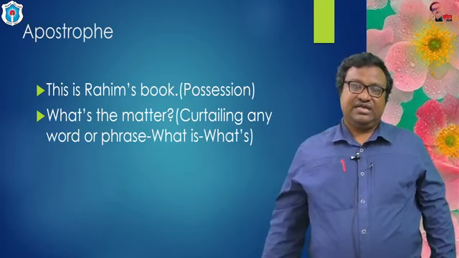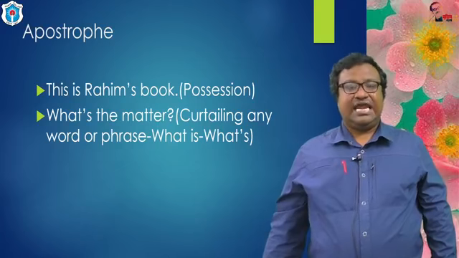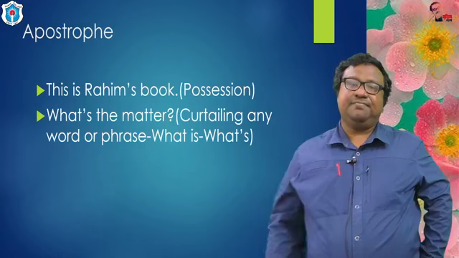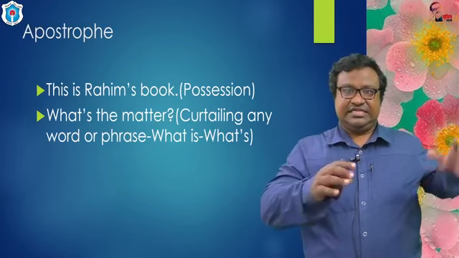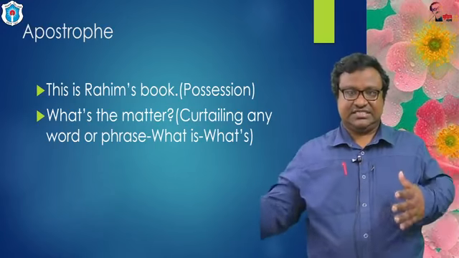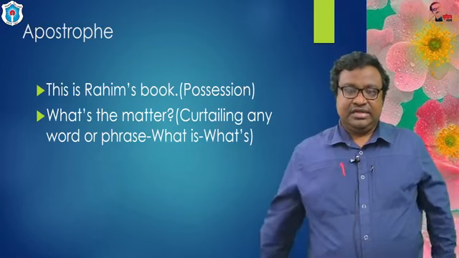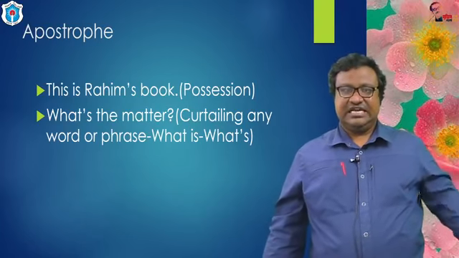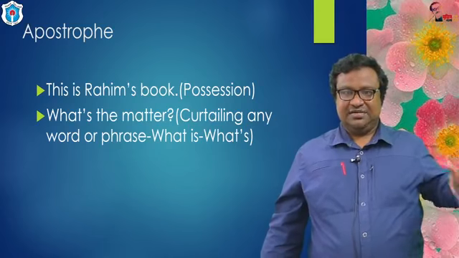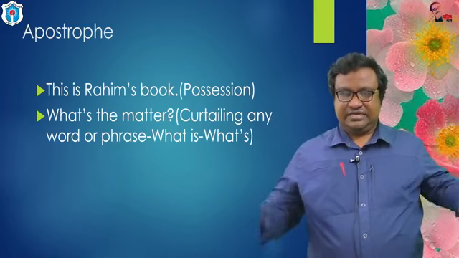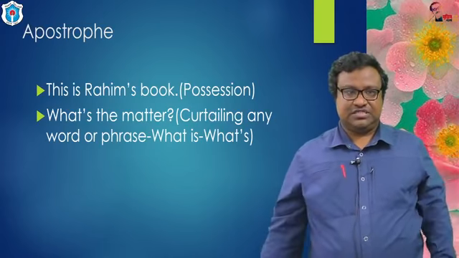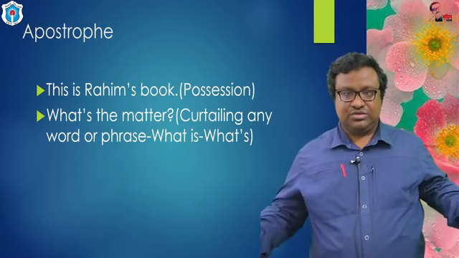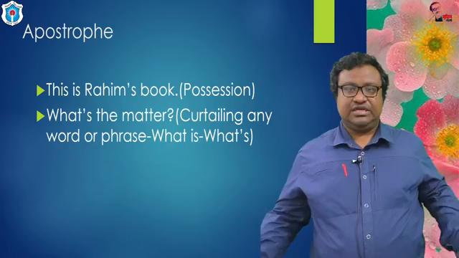So if the subject is a noun, shall not Rahim do it, that is, the structure will be shall, that is the auxiliary verb, plus not plus subject. But if the subject is a pronoun, then shall I not do this, that is, the structure will be shall plus subject plus not. But fortunately, you have got rid of this problem and you are using the short form. So shan't we do this? Won't Rahim do this?